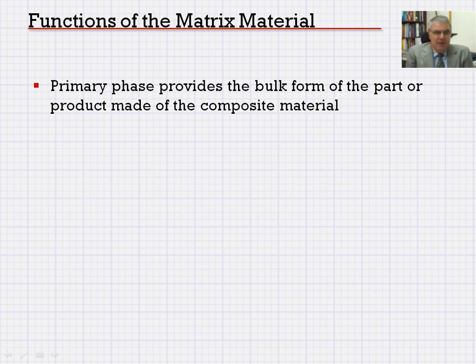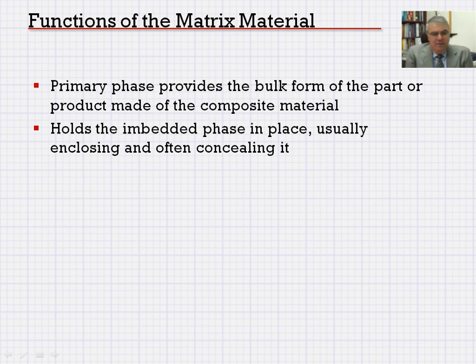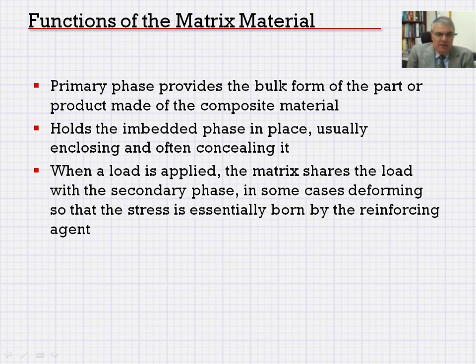Functions of the matrix materials include the primary phase, which provides, again, the bulk form of the part or product made of the composite material. These are the foundation. Then we have the embedded phase, which we keep in place, usually enclosing and often concealing it.